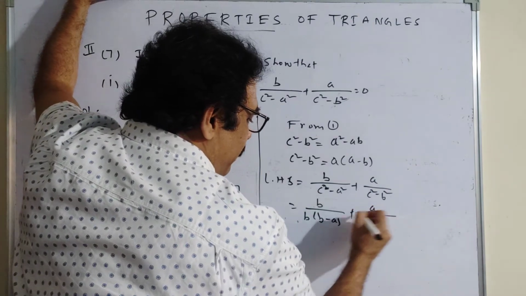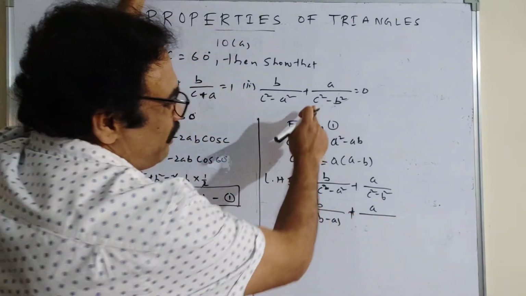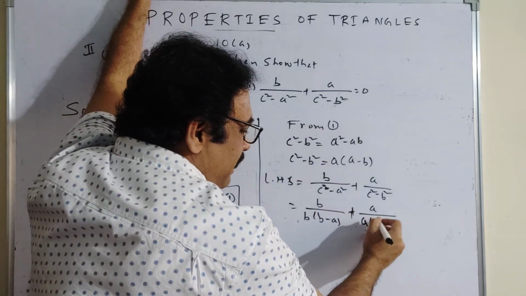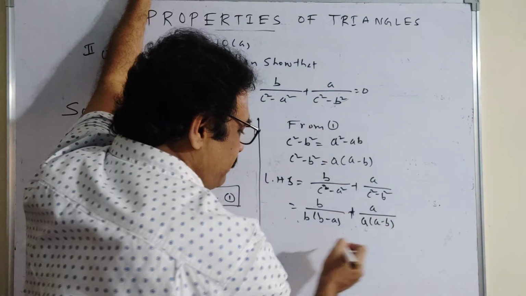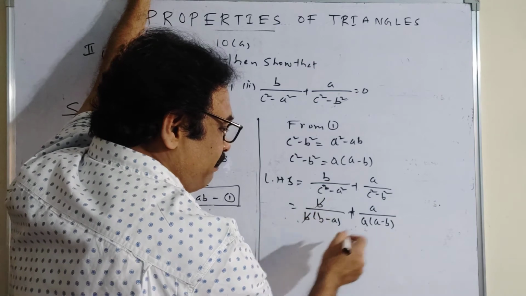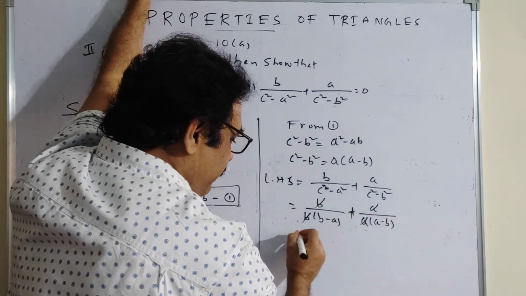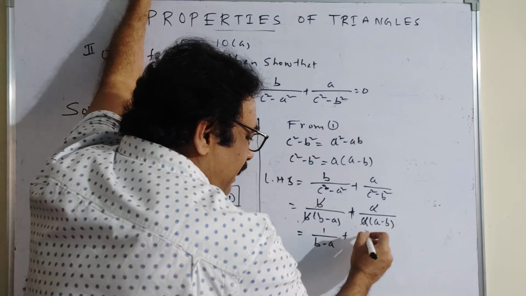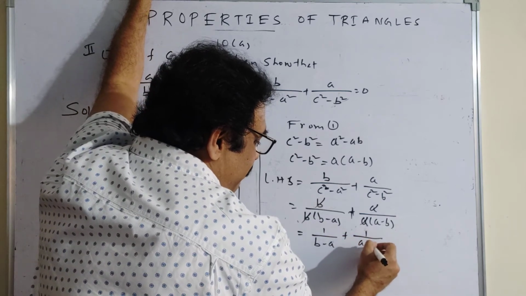Plus a by (c square minus b square), where c square minus b square is equal to a into (a minus b). We can cancel b and b, we can cancel a and a. Now I'll be writing 1 by (b minus a) and 1 by (a minus b).